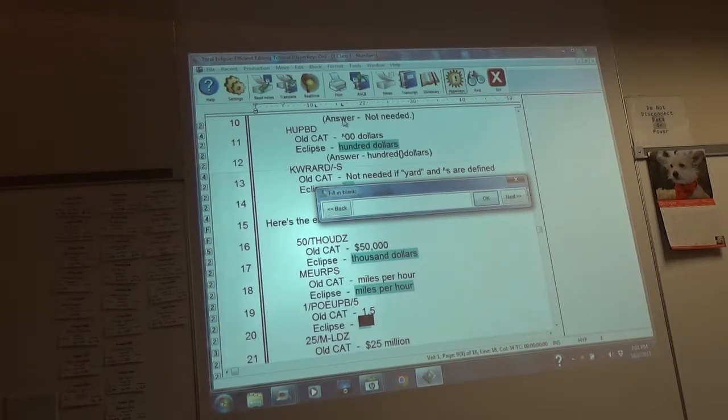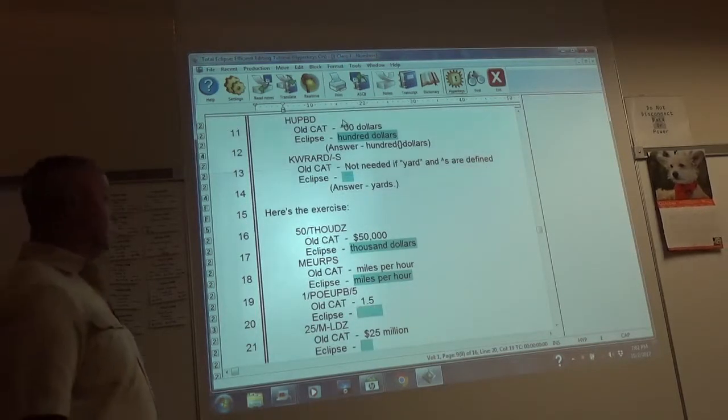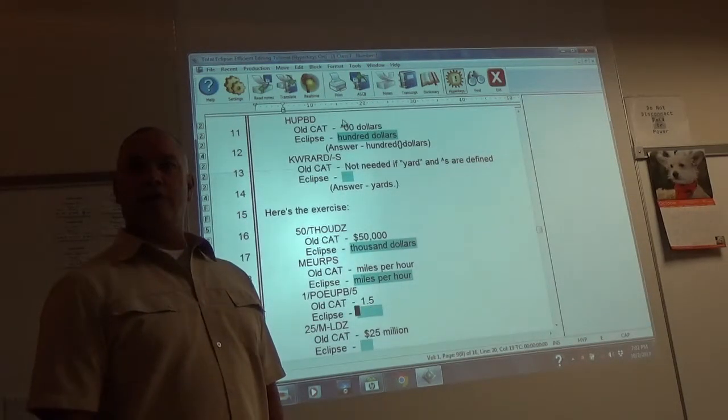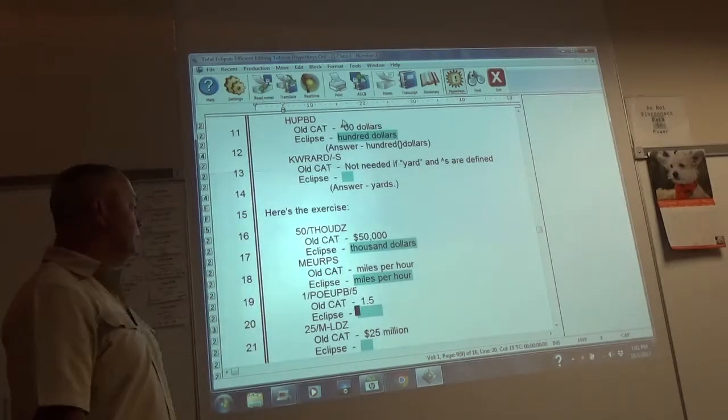Got it. Do you have to put the brackets in there? Bracket, and then the word decimal, in caps. Close it. That's all you have to do. Got it?